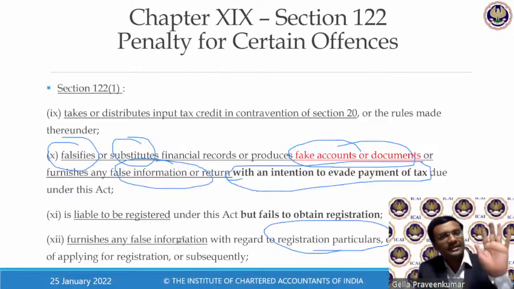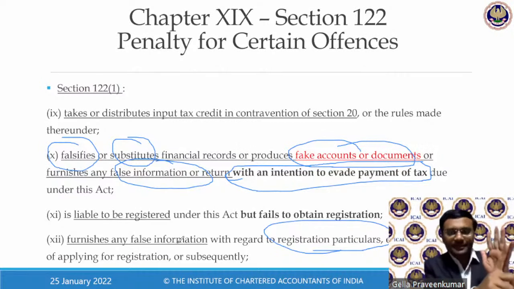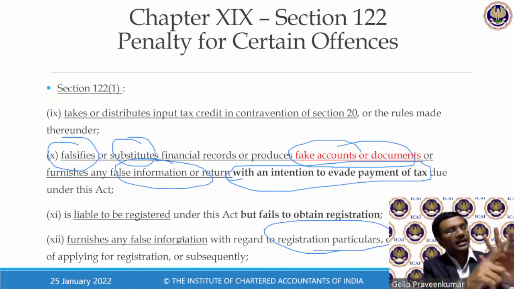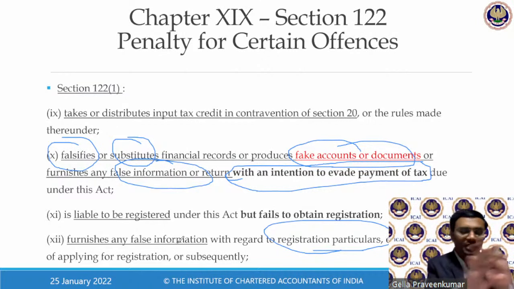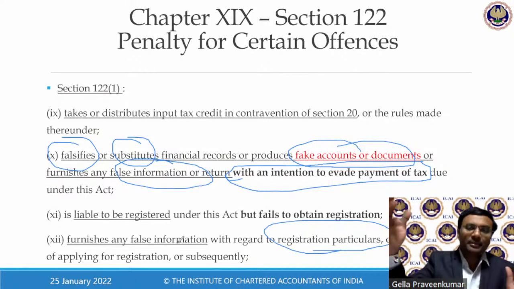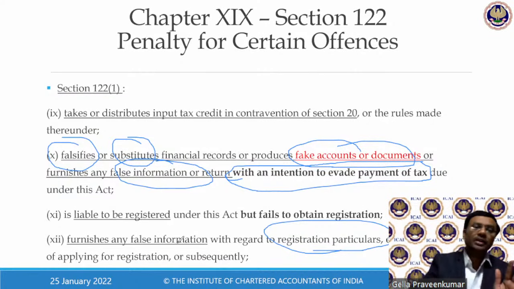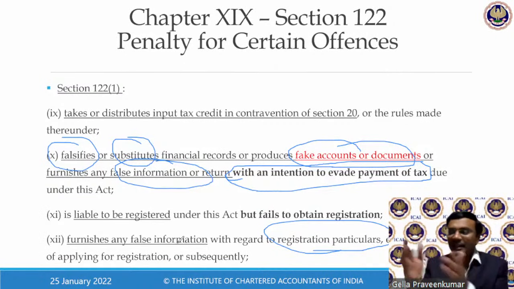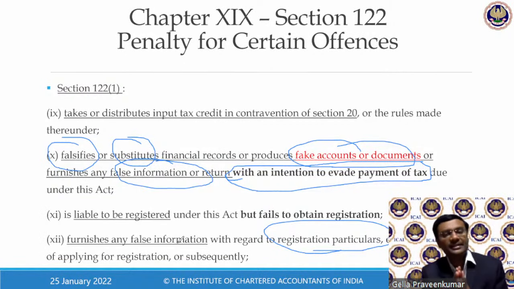This gentleman says, officer, the name is mine, the mobile number is mine, but the registration and all, none of it pertains to me. He has a cousin who had done all these activities on his behalf. My cousin asked for an OTP, I gave an OTP. I never knew that he had taken a registration in this particular premises.